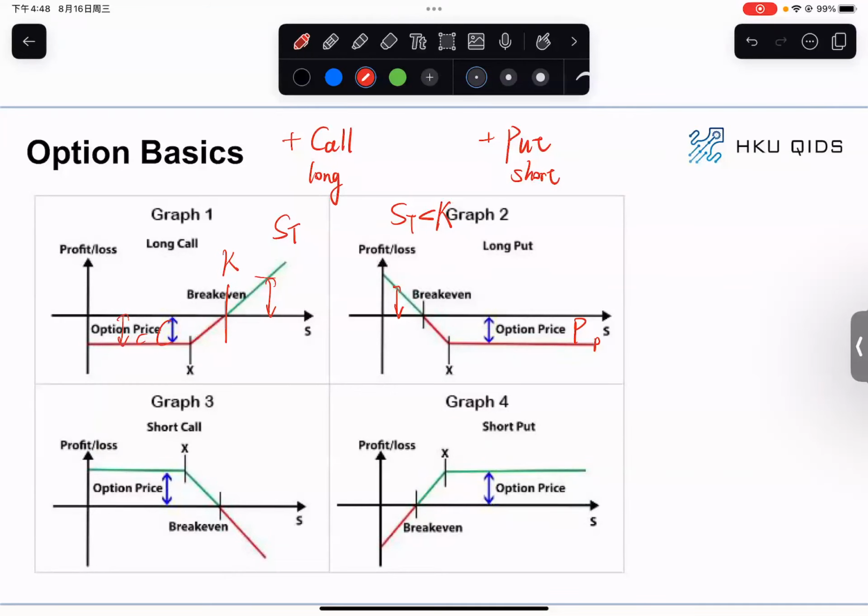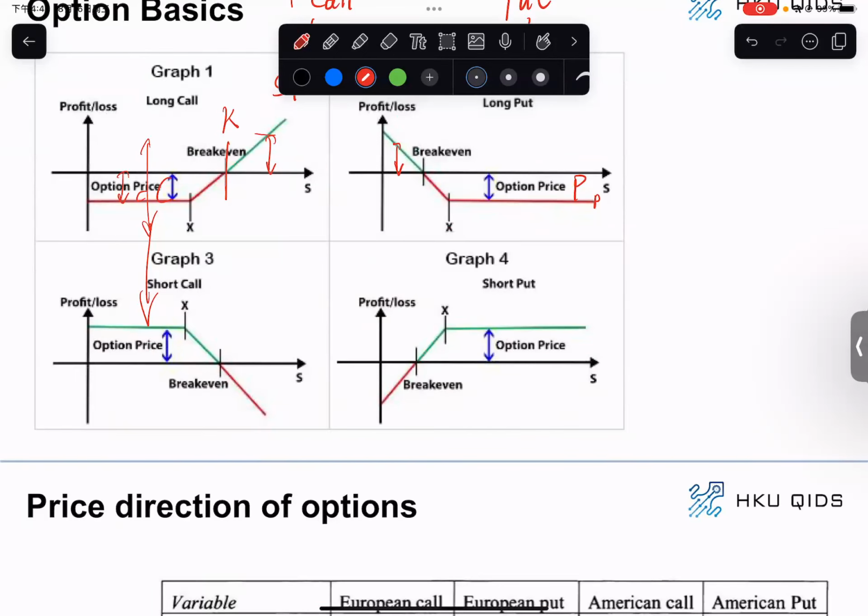And for a short call, we are just flipping this line around the x-axis, and it's the same for the short put situation.